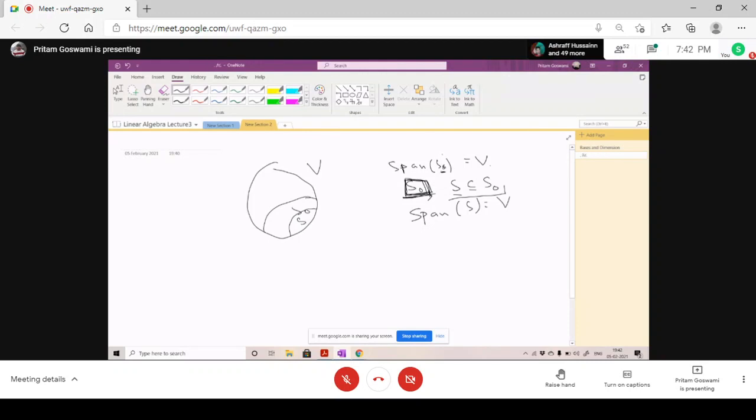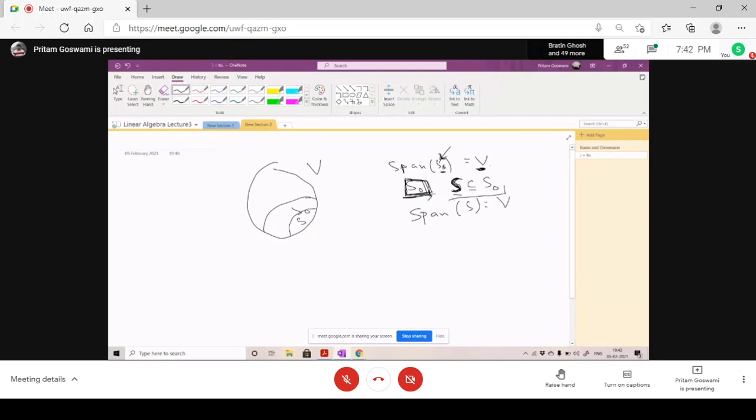Was anybody asking anything? Okay. They have assumed that S0 is a finite set which spans the vector space V, and S is a subset of S0. So S must be finite also, right? Yes, sir.